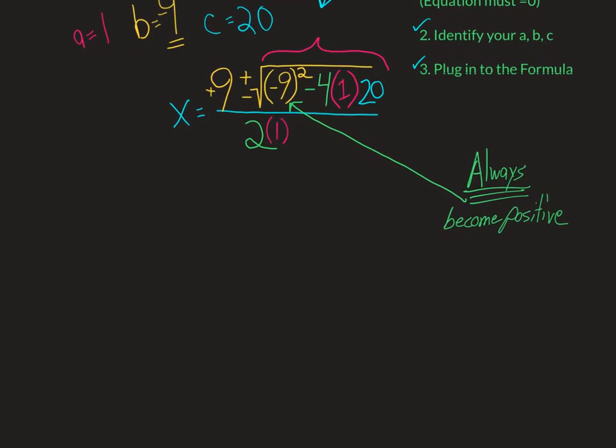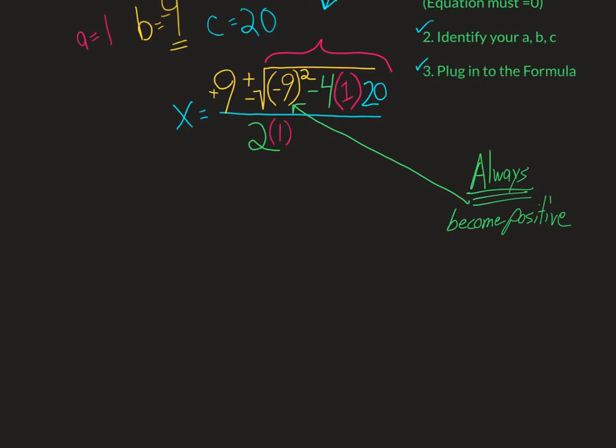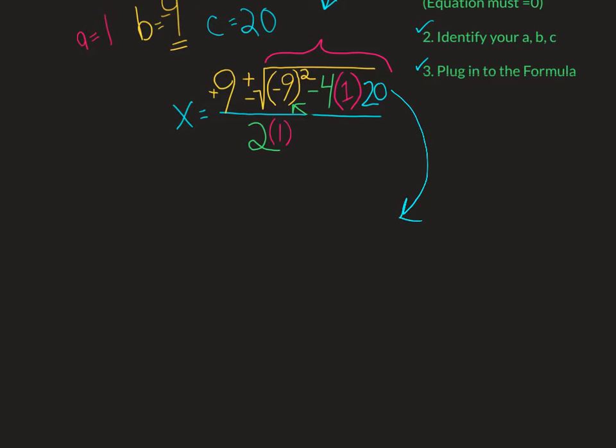Once my screen moves. Okay, so same as before. Let me get rid of this little note. All the work is really inside of that radical. So we'll start here. The negative 4 times the 1 times the 20. Well, times the 1 doesn't matter, so really you can ignore that. 1 times the negative 4 and 20 is just the negative 4 times 20, which is negative 80.